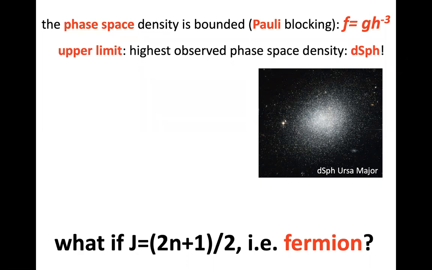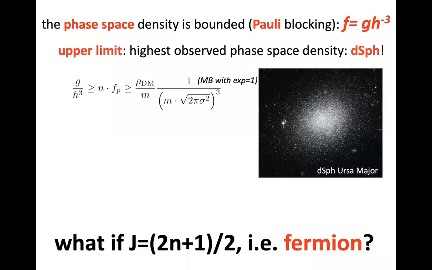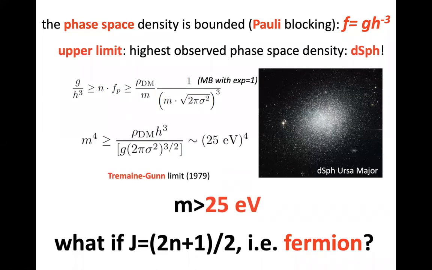So again, the product of the velocity and the physical density of the dark matter. So using the fact that the phase space density cannot exceed the number of internal degrees of freedom g divided by Planck's constant cubed, one can naturally extract a limit on the mass of the fermion, which is significantly stronger than the general limit based on the de Broglie wavelength.